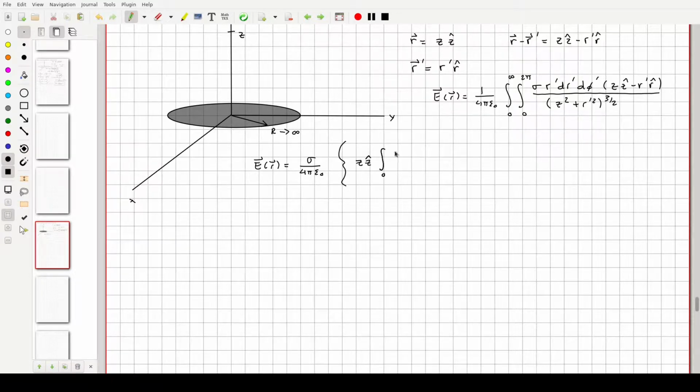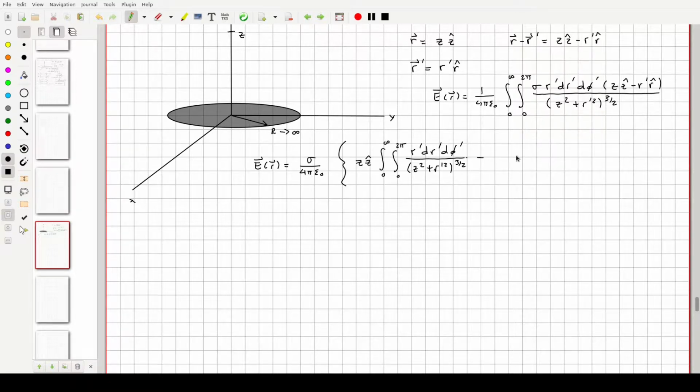So here's the first one, from 0 to infinity in r, and from 0 to 2 pi in phi. It looks like r prime dr prime d phi prime over z squared plus r prime squared to the 3 halves. So that's the first one right here.